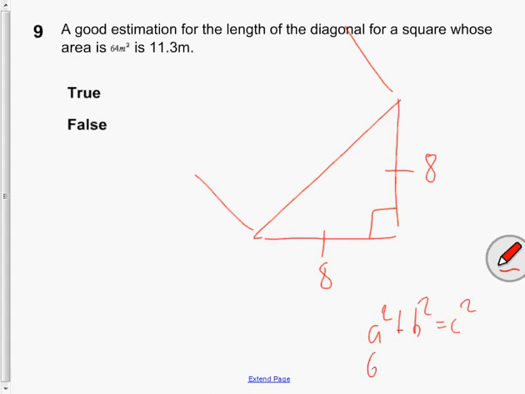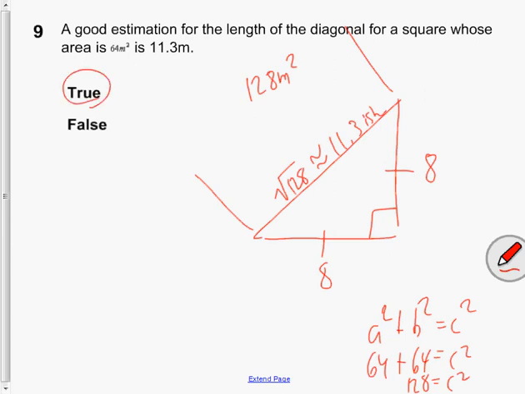Therefore 8 squared, which is 64, plus 8 squared, which is 64, will equal c squared. So 128 will equal c squared, and c is going to be the square root of 128, or approximately, since 121 is 11 squared, I can probably say 11.3-ish, which makes this a true statement.